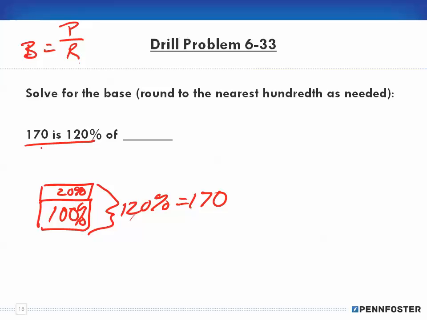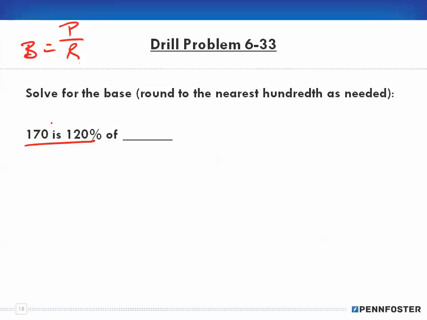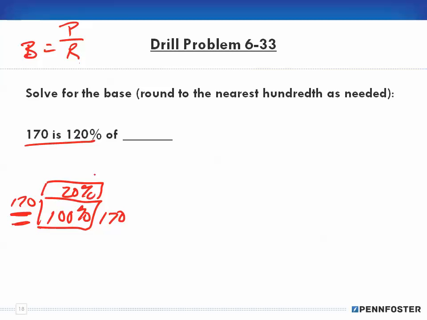Let me go over that again. I have 170 is 120%. Well, if this is 100% and that was 170, it would be equal at 170, but it isn't. 170 is 20% more, because it's saying 120% of, so that's 20% more.